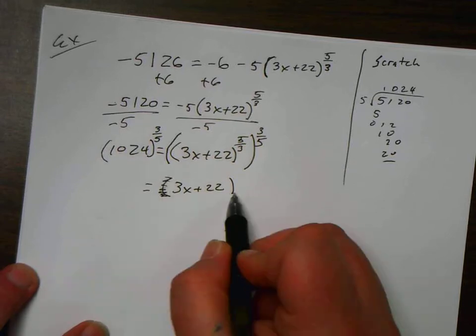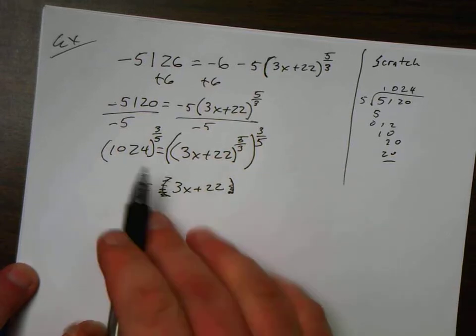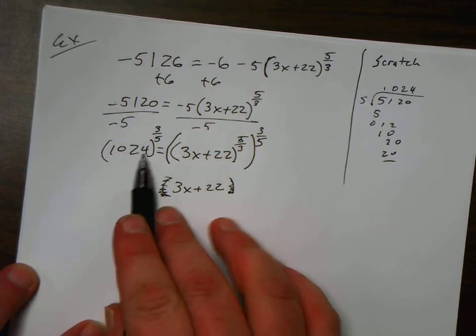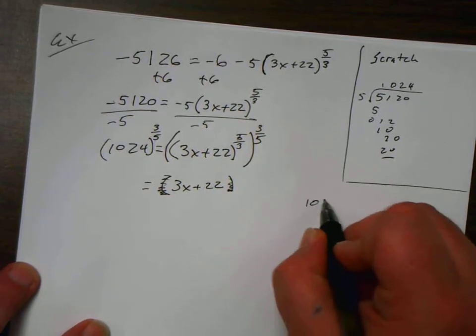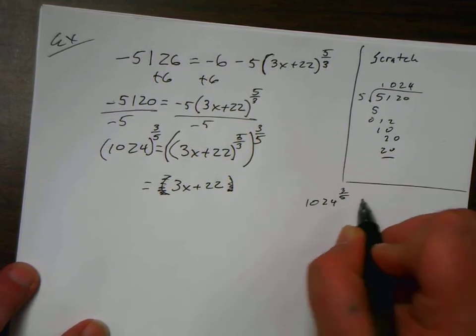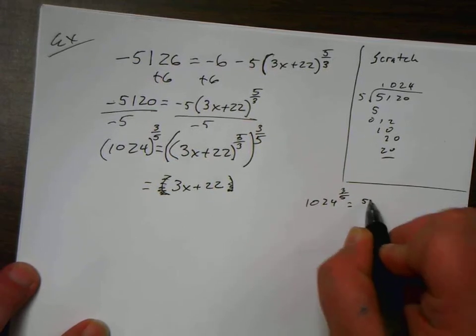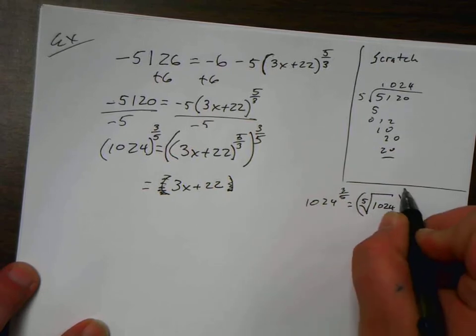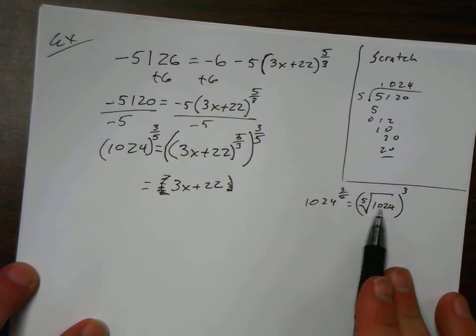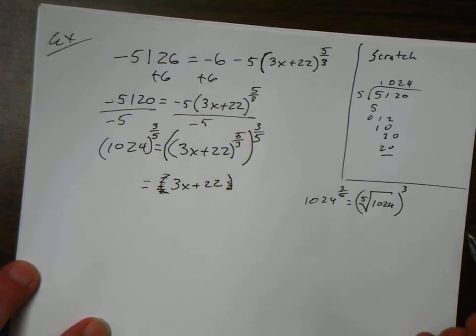Actually, I don't need the parentheses, so let's ignore those. But I need to figure out what 1,024 raised to the 3/5 power is. 1,024 raised to the 3/5 is the 5th root of 1,024 cubed. Now, what times itself 5 times gives us 1,024? Well, we've got to go figure that out.